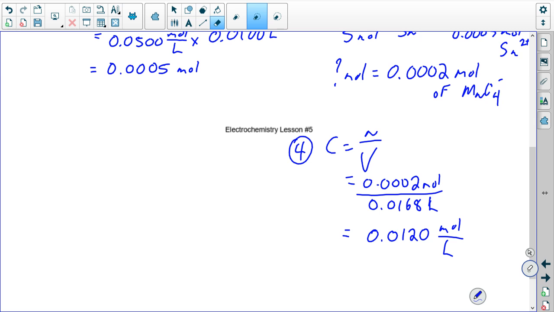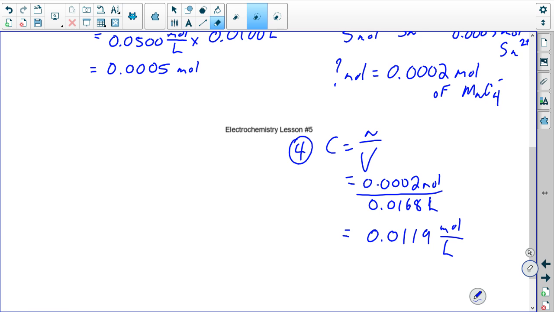Point zero. Okay, did you get a different answer? Sorry, I put a different number back into my calculator than what's actually there.